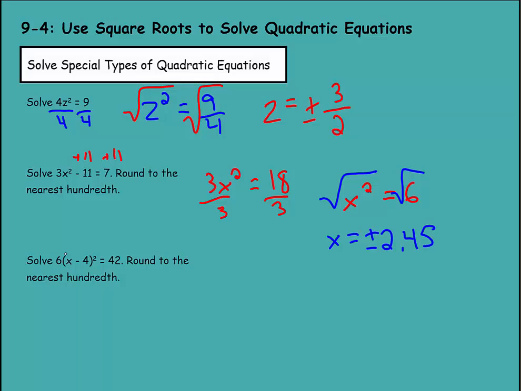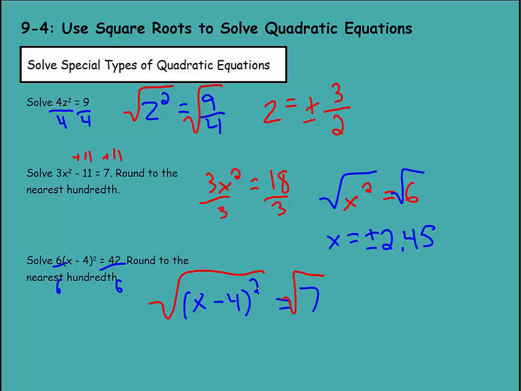Now I have 6 times x minus 4 squared equaling 42. First I could divide both sides by 6 to get rid of that 6. So we have x minus 4, still in parentheses, squared, equaling 42 divided by 6, which is 7. If I'm going to square root this, I need to square root all of that and all of that too.